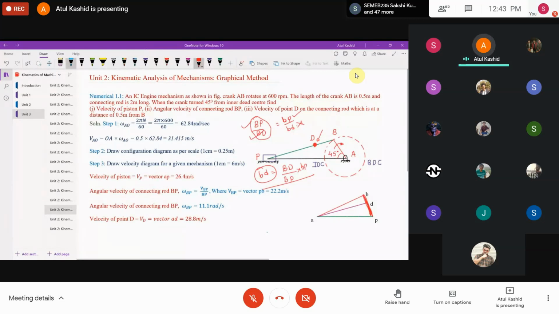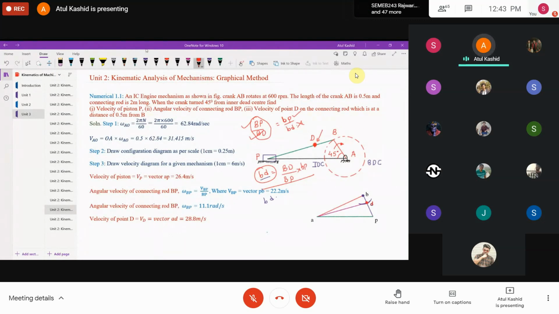Once you get bd, what will you do? After getting bd, you have to take the compass, keep it at the point b as a center, take the distance of bd in the compass, and mark the arc over here, right? So marking the arc, you will get the point d over here.